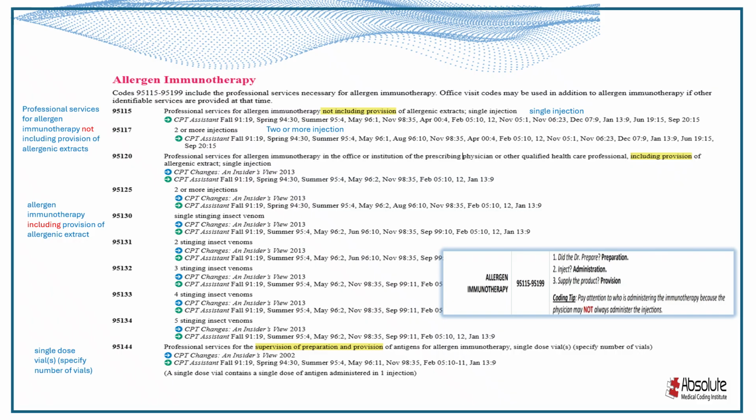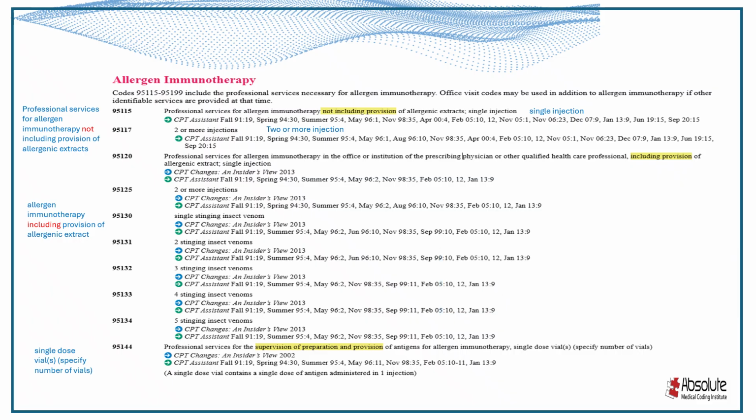Number three, the provision: supply the product. Is there a provision to supply or not? And the coding tip: pay attention to who is administering the immunotherapy because the physician may not always administer the injections. Now, with that said, let's have a closer look at these CPT codes.